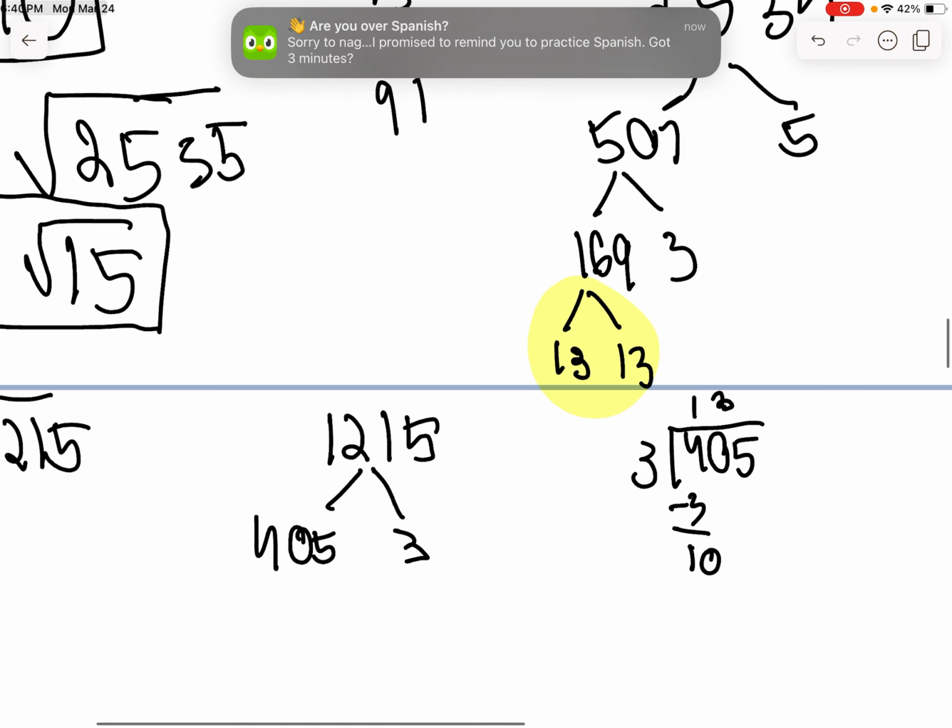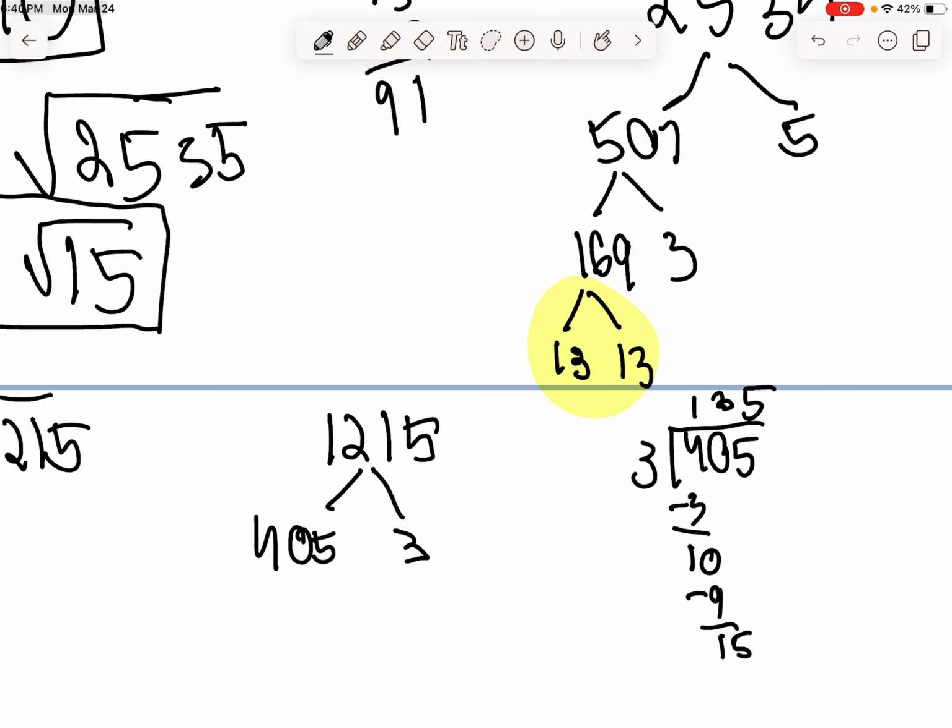Anyway, 135. 135 times 9. So that will give us 3 and 3. Give that a little highlight too.